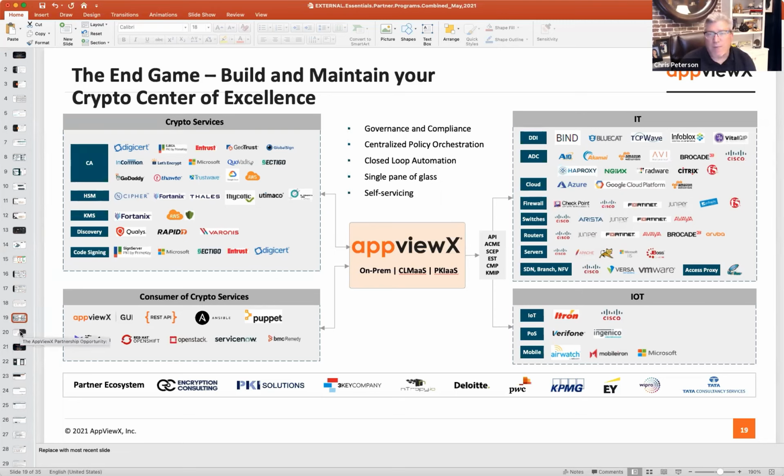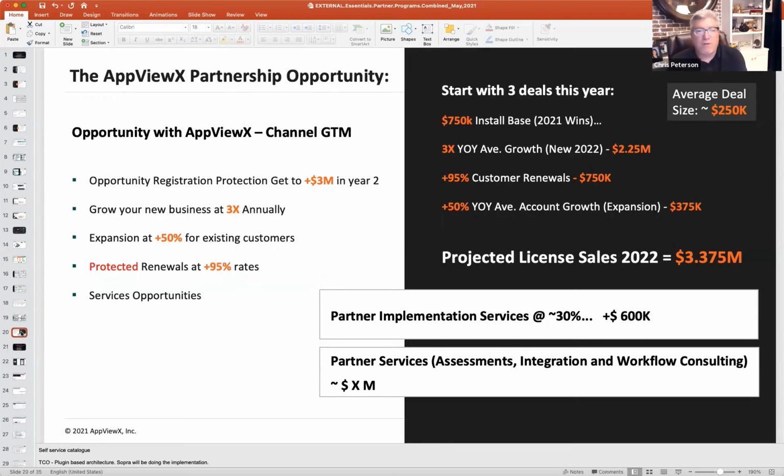This next slide, I'm going to talk about what I think the opportunity is for a salesperson at one of our partners. So I already talked about how fast we're growing, about 3x annually in new customer logos. But also, we have a very good land and expand record with about 50% annual growth for our existing customers upon renewal. We get more important to them.